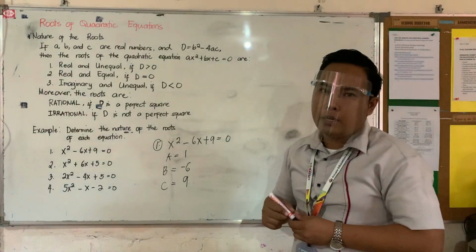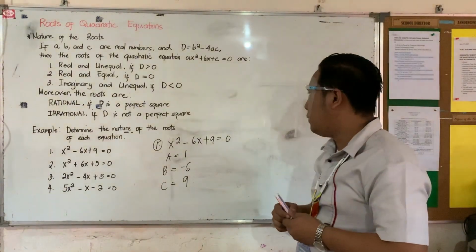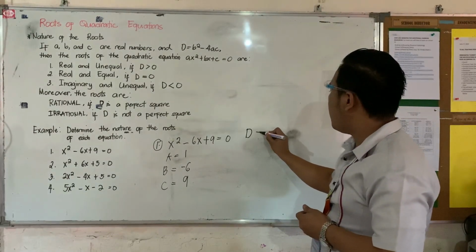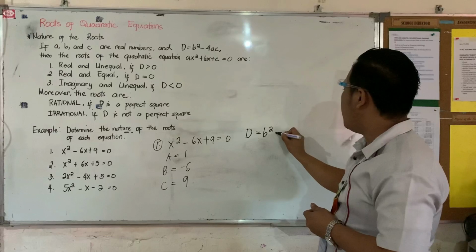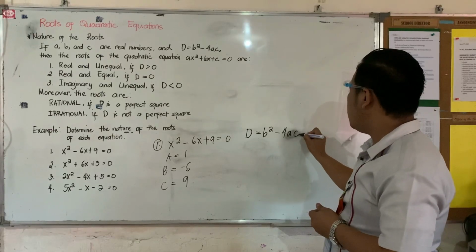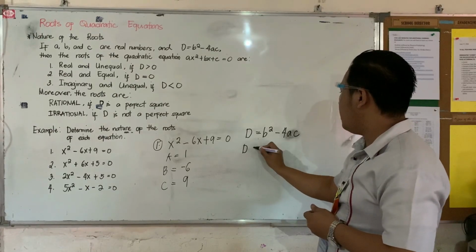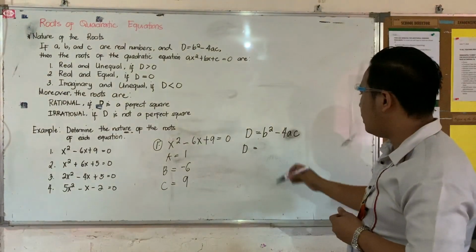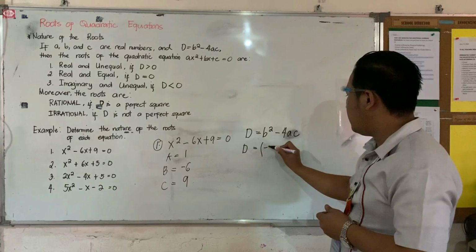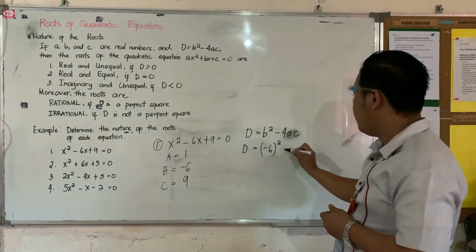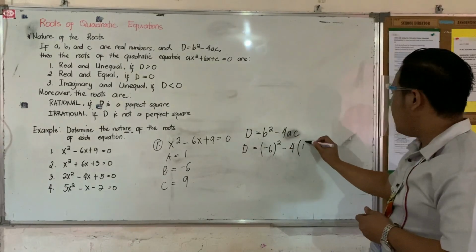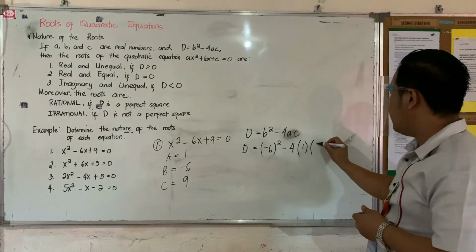After identifying the values of A, B, and C, we will now use the formula of the discriminant. D equals B squared minus 4AC. So the discriminant equals, we will substitute the obtained values for our quadratic equation. The value of B is negative 6 raised to 2 minus 4 times the value of A is 1 and the value of C is 9.